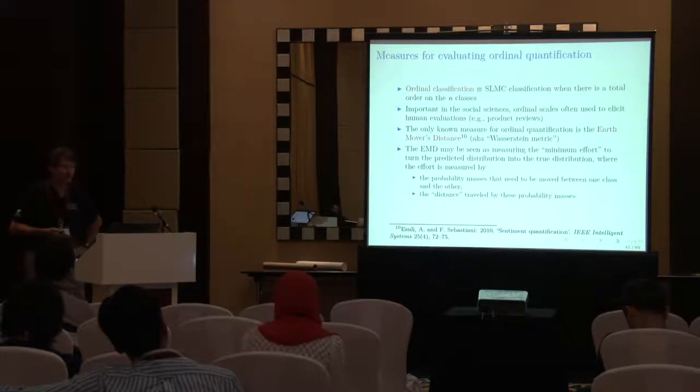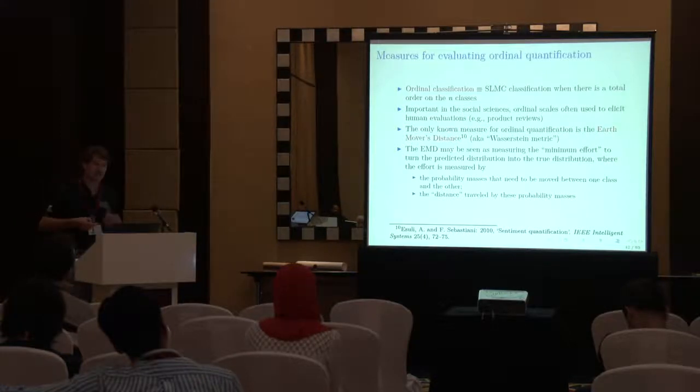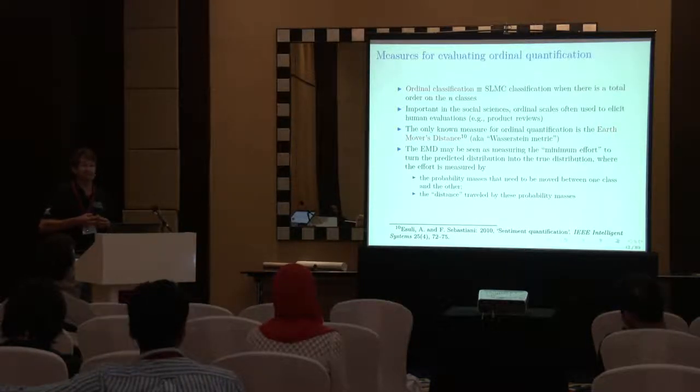But what about ordinal quantification? Ordinal quantification is when we have, say, 5 different classes, 1 star, 2 stars, 4 stars, 5 stars, and we need to do quantification of them. Well, KLD doesn't take into account the distance between these classes.